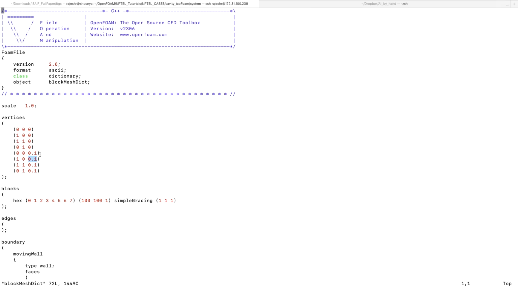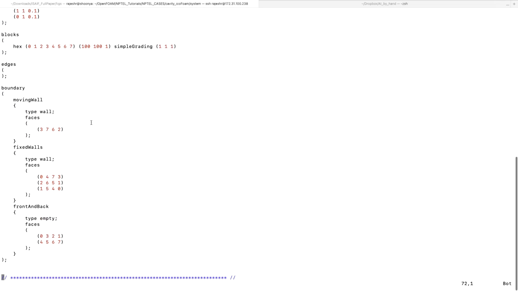The third dimension is there only because the equations you are solving are 3-dimensional. Here I am using 100 grid points in both x and y, and 1 grid point in the z direction. I have given the boundaries here. This is the top moving wall, and then we have the other fixed walls, and this front and back comes up because the solver is 3D, so you have to have the empty boundary condition in the z direction.